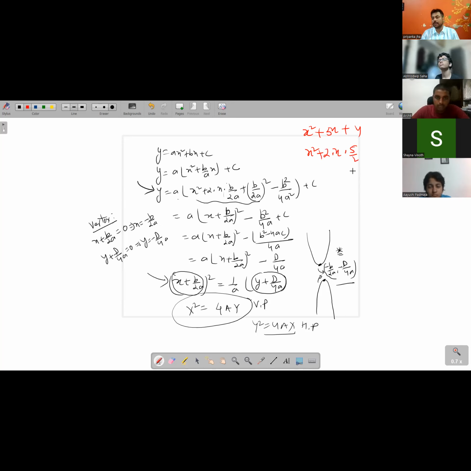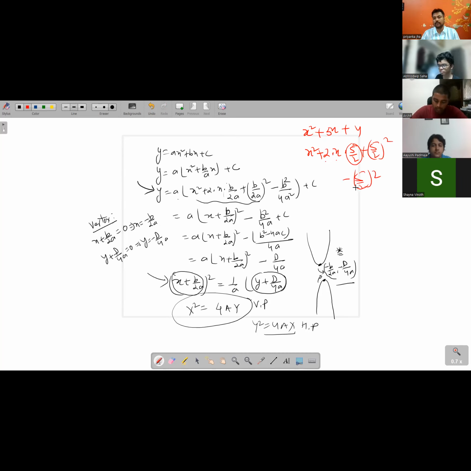I need to write b as 5 by 2 because I have an extra 2. So this and this will cancel and we'll have 5x, because in the question we have 5x. If it was 3x, then we would write 3 by 2 to balance it. So now we have a square plus 2ab, so we need to have b square as well. And because we have added this term, we have to balance it as well.